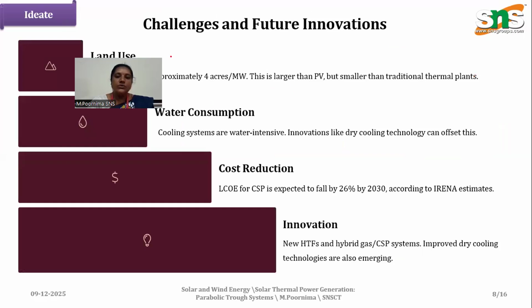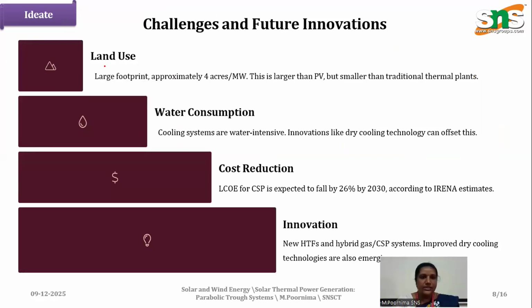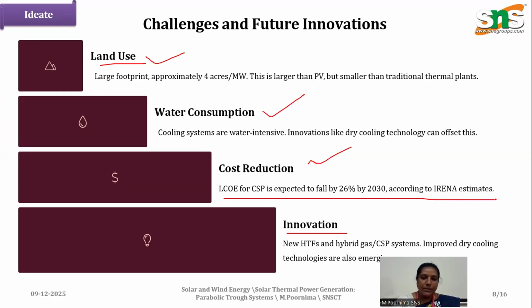Here we can see the challenges: land usage, water consumption and cost reductions. These are the main challenges and future considerations.